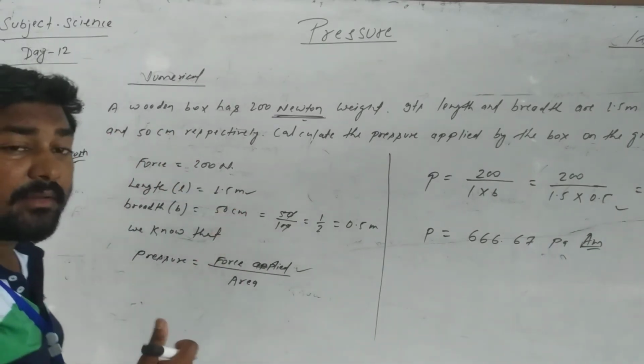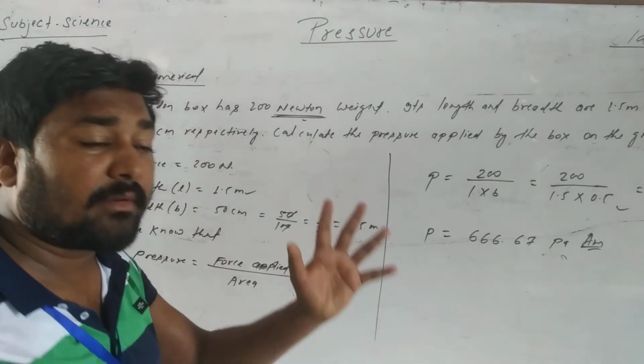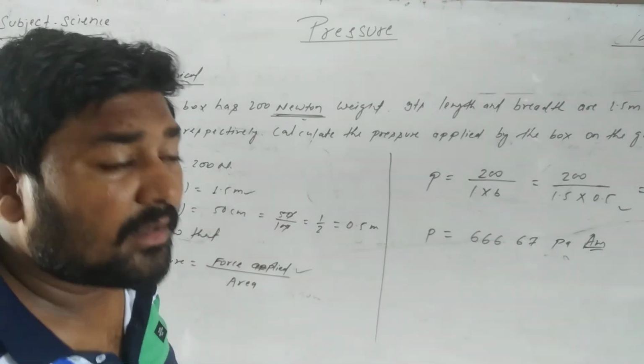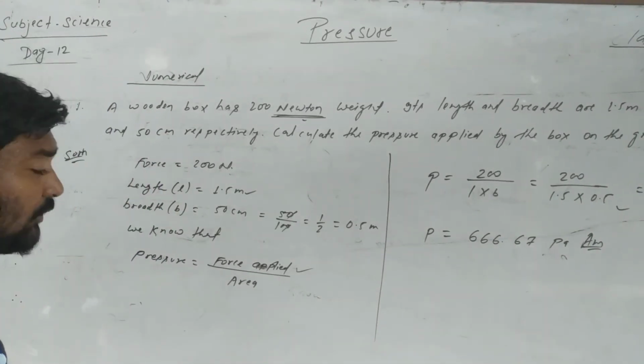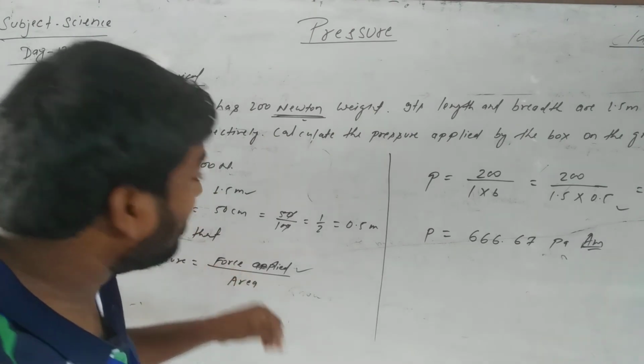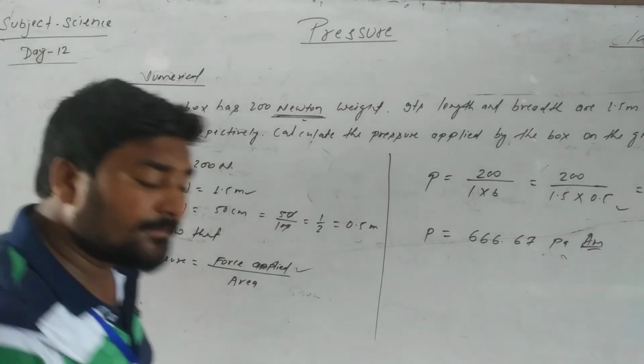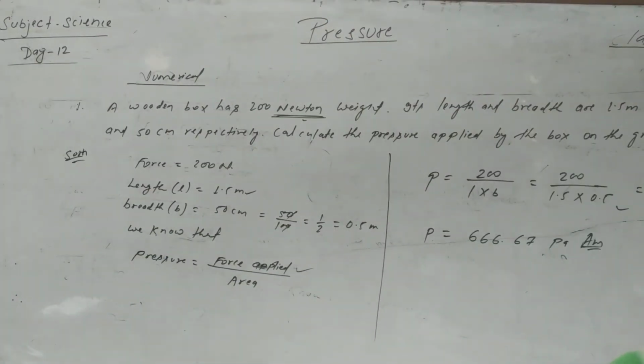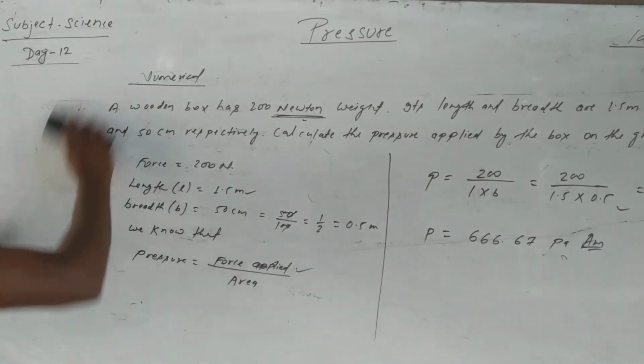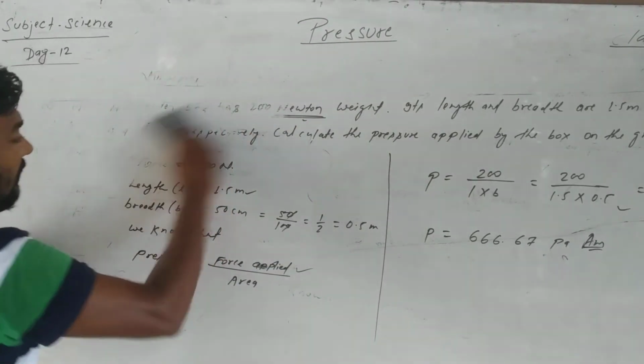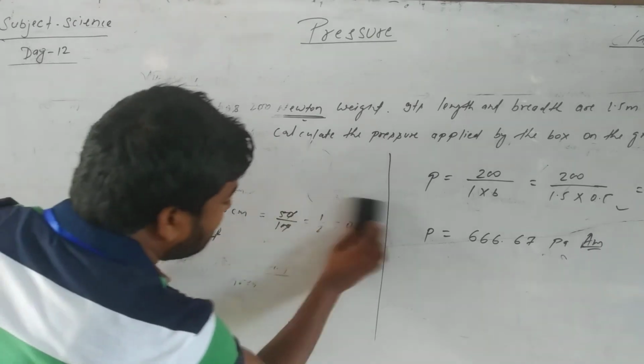Length will be given, breadth will be given, and by applying the formula of area, L into B, we first find out the area, then put the values in to get the answer. Any confusion? Very good. So dear students, in this way you can solve all the numerical questions.